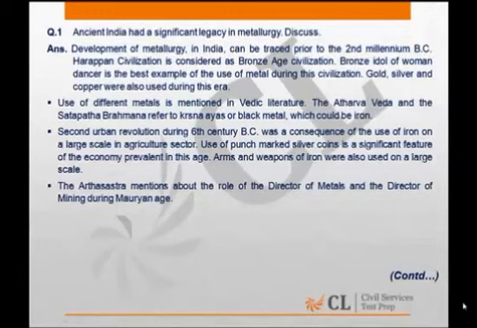Eventually, different coins were issued by different rulers, and an excellent example of Indian metal art is the iron pillar of Delhi, that is of the Gupta period, that depicts the technological advancement in the field of metallurgy in ancient India.